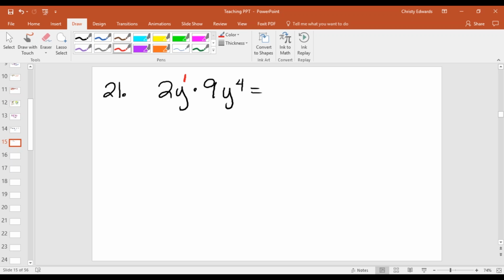I have students in Algebra 1 that still, when they're multiplying stuff with variables, put little powers of 1 on any variable that doesn't have a power on it, just so they don't mess that up. Because if you're going to follow the add the exponent rule, you've got to remember that that's 1y and 4 more y's, a total of 5 y's.